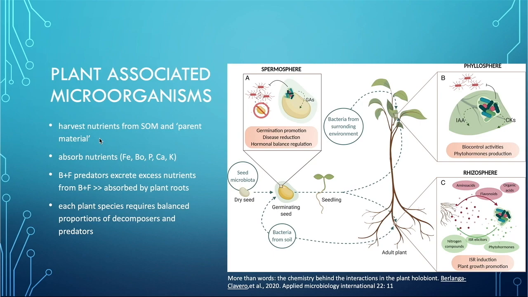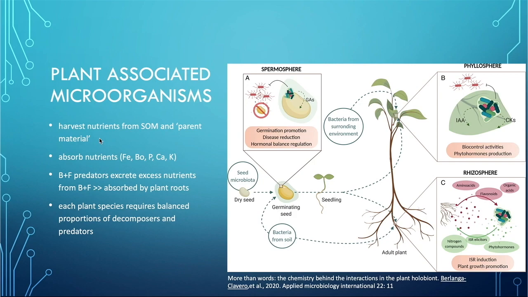And once the plant goes through the seedling stage, bacteria from the surrounding environment land on the plant as well. So the plant leaves, for example, have their own microbiome. The plant roots on the bottom right, you can see, have their own individual microbiome. All of the different organisms are functioning to support the plant.